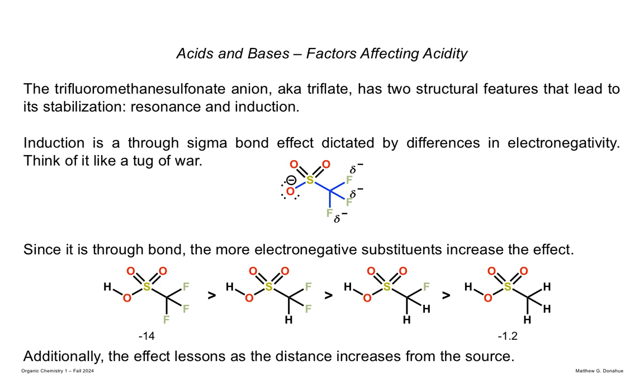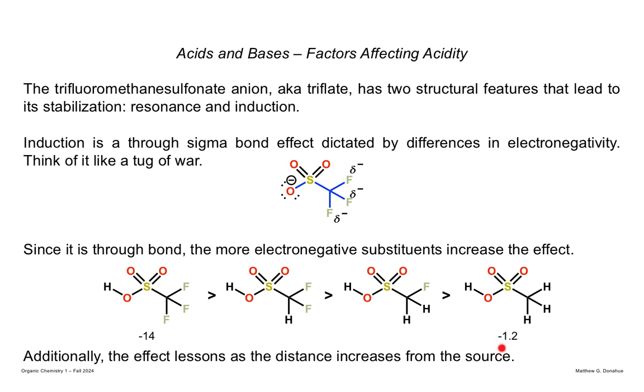In the four structures shown at the bottom here, to the left was the trifluoromethane sulfonic acid with a pKa of -14. To the right, notice those fluorines are now hydrogens. So this is called methane sulfonic acid. Notice that acidity value is -1.2.